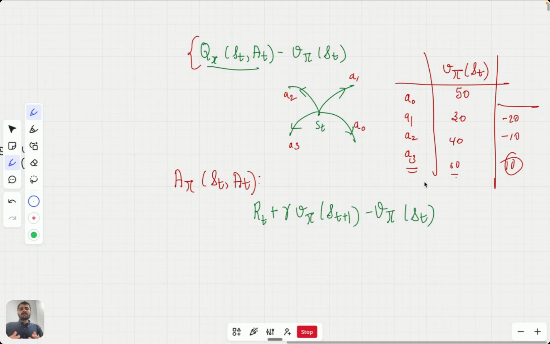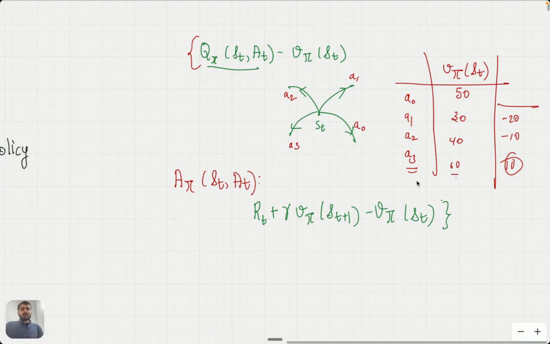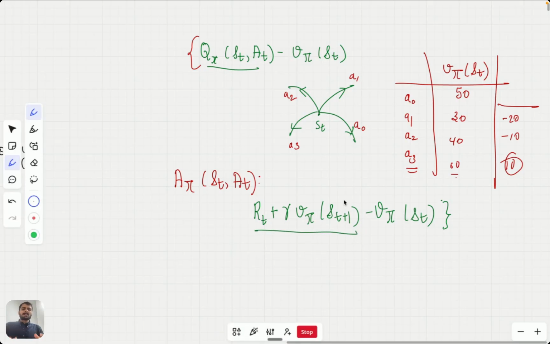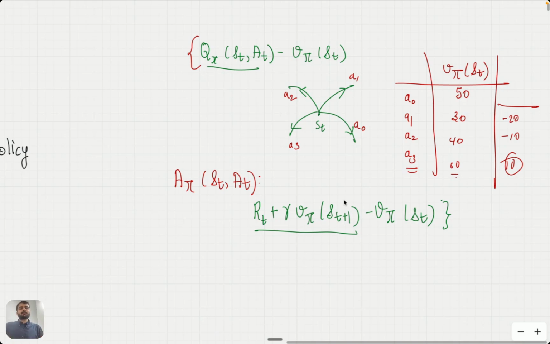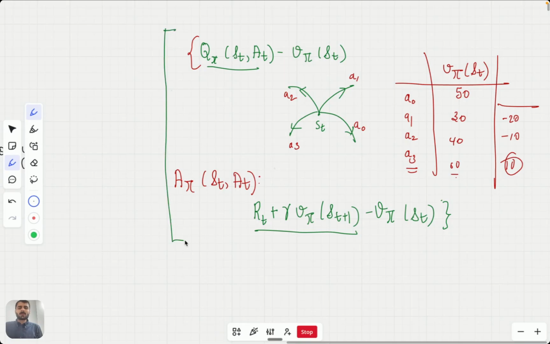This is a simple way to estimate the advantage function, but the problem with this estimation is that it can be biased, because we are only using one term for the estimation. That's why we use composite returns. We use not just a one step backup that we saw here, but a combination of one step, two step, three step, up to an n step backup. And that is exactly what is done in generalized advantage estimation. But for the purpose of understanding, a broad level understanding of these two concepts is enough for us to move ahead to the next lecture.